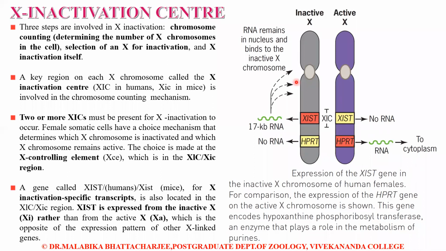Now, the somatic cells of a female have a choice mechanism that determines which X chromosome is to be inactivated and which remains active. This choice is made at the X controlling element, XCE, which is in the X inactivation center region.